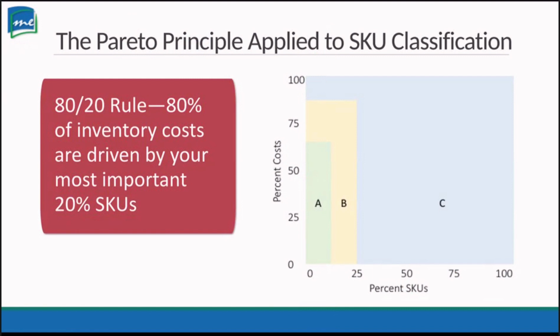Then, according to all the data, you can use the ABC analysis to classify all your SKUs into these three categories and have an idea about which SKUs are the most important for you.